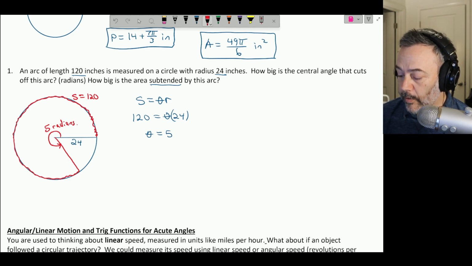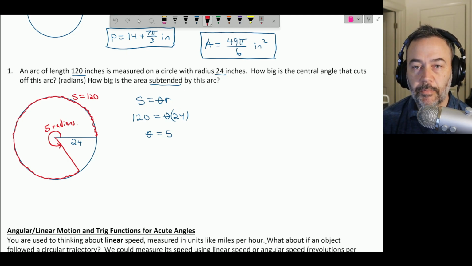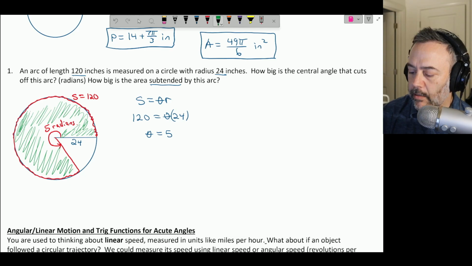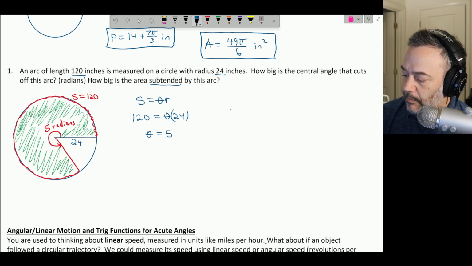I also want to find how big is the area subtended by this arc. That is the language you may have seen in geometry for finding the area of the sector created by this central angle. So then that would be A equals 1/2.